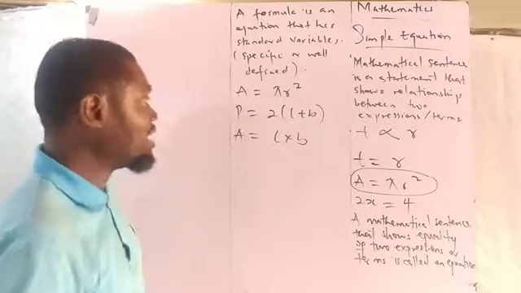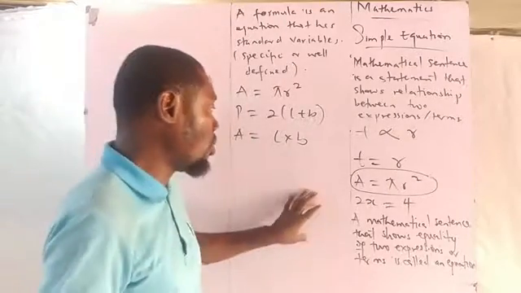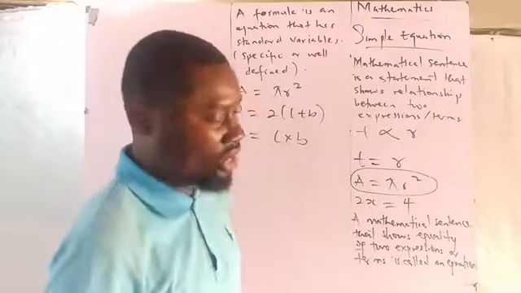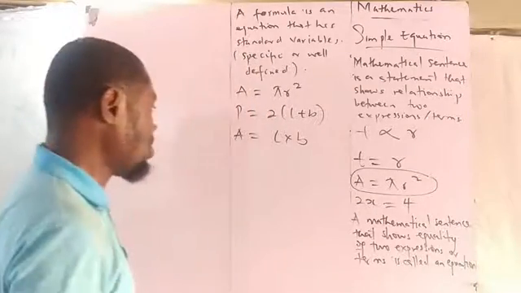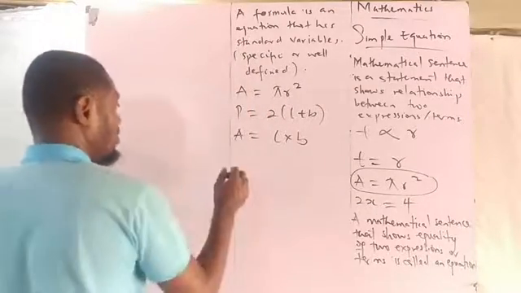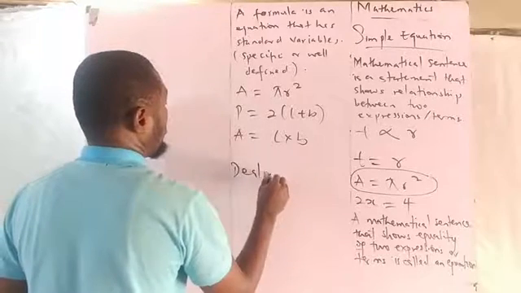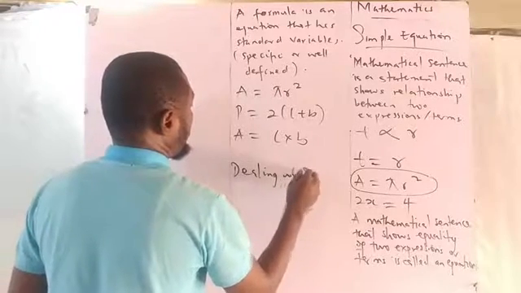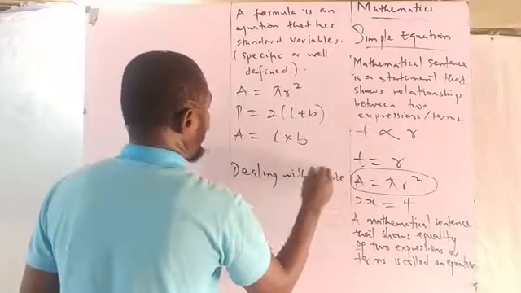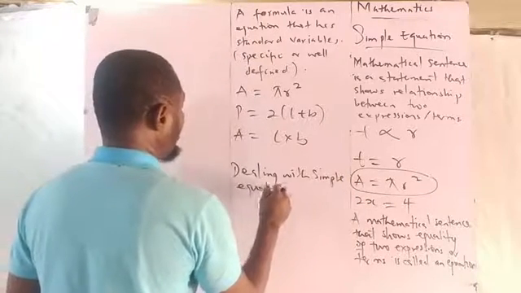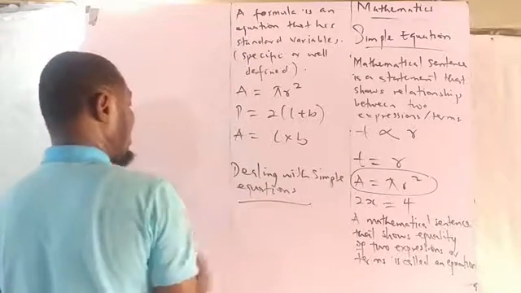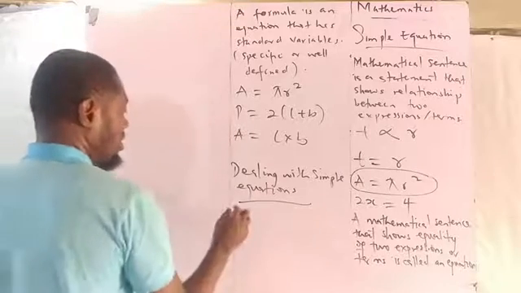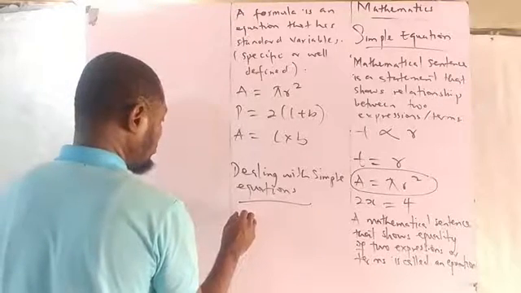So you can see that this is what we need to know to help us deal with equations. Now let's deal with some simple equations. You've been taught inverses in the previous class. Look at this. This is a simple equation.